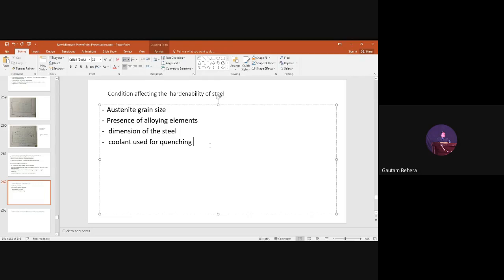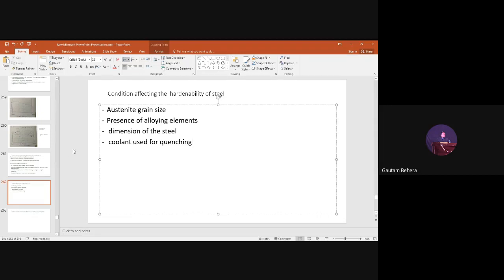And coolant means the strength of the coolant, strong or weak, that is the rate of cooling. By using a suitable coolant, you can achieve the critical cooling rate. So that is the part.